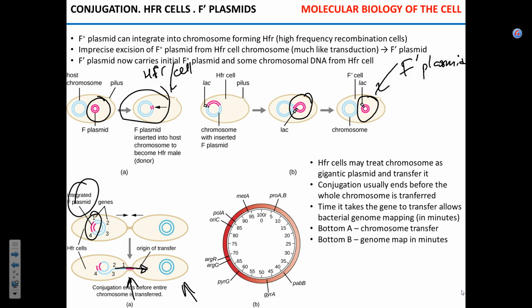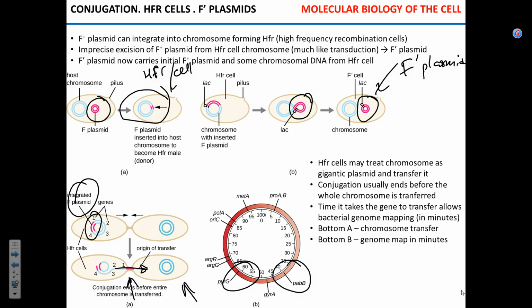So you can actually see how much time it took, and then you can see which genes were transferred. This is how much time it takes to transfer, I don't know, the PABB gene. This is how much time it took to transfer the PYRG gene, whatever gene it is.